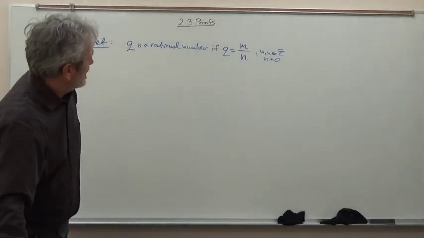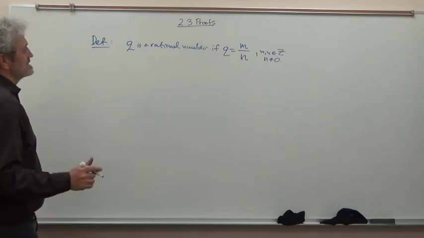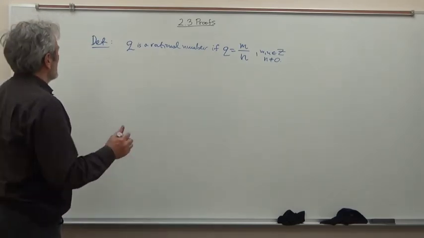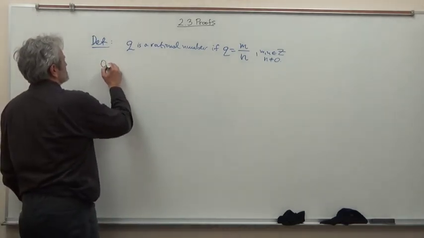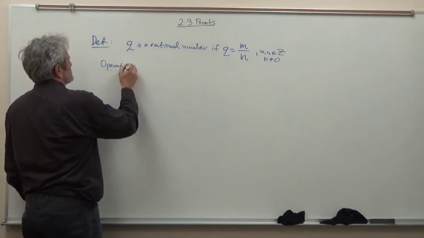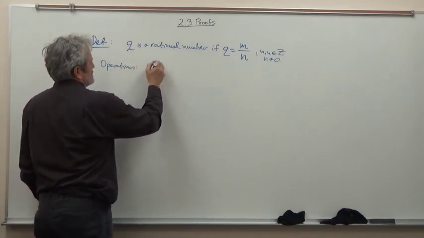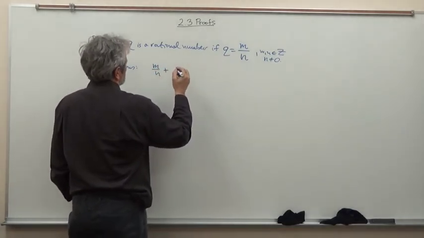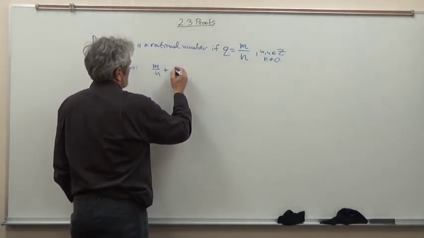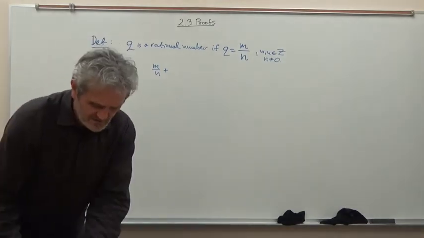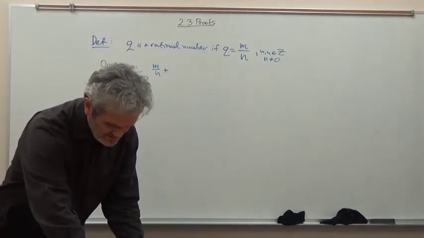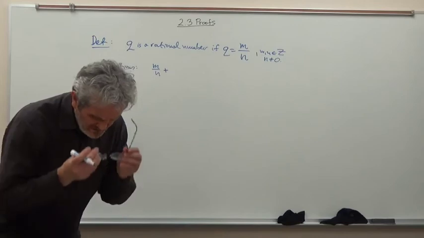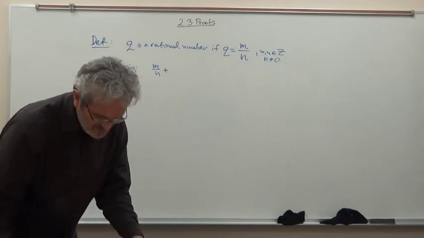And then we have operations on these rational numbers. So how do we define operations? If you have m over n, let's say, I better use the same letters as in the notes, k over l.